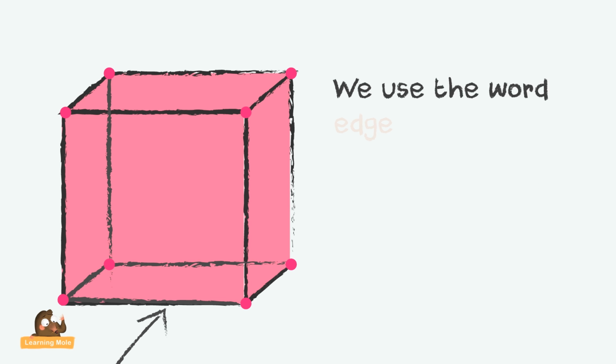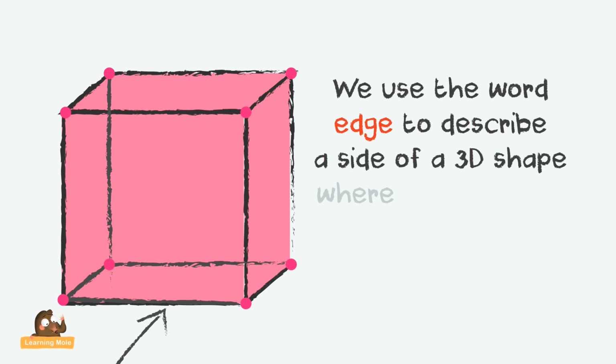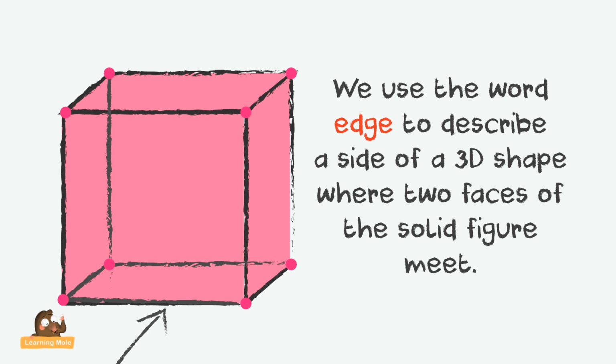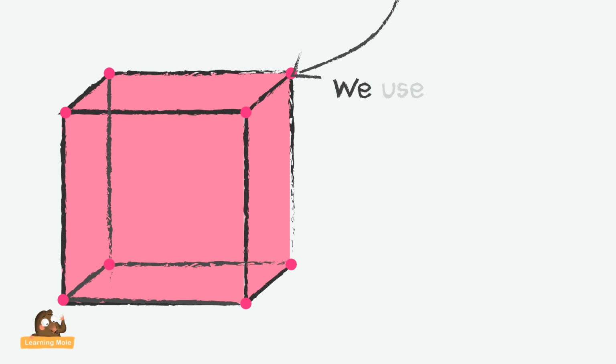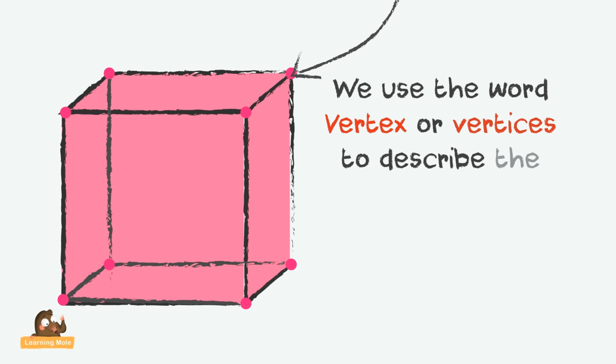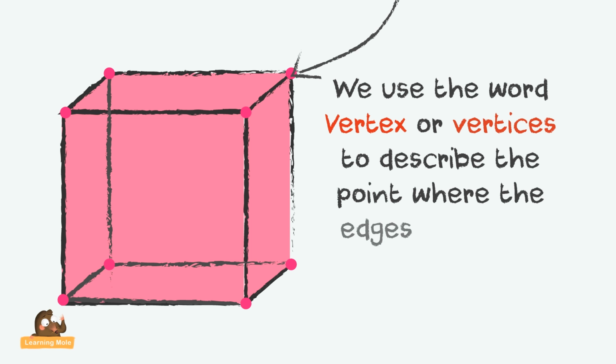We use the word edge to describe a side of the 3D shape where two faces of the solid figure meet. We use the word vertex or vertices to describe the point where the edges of a solid figure meet.